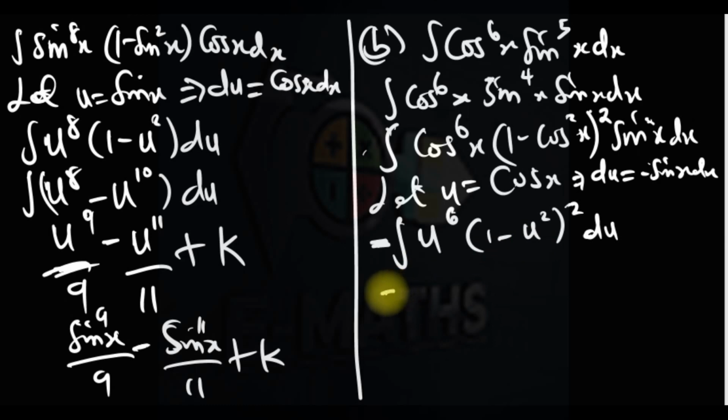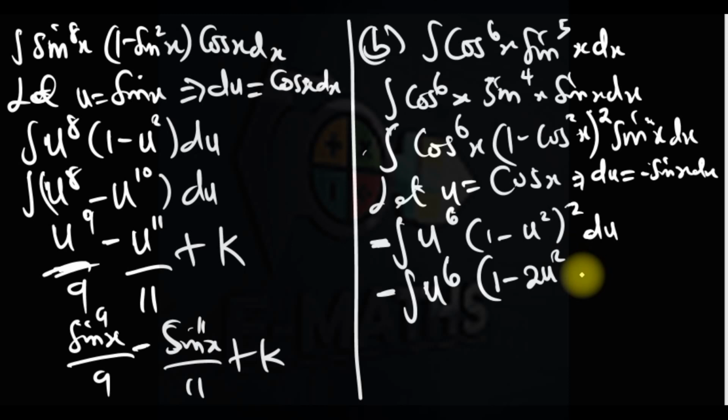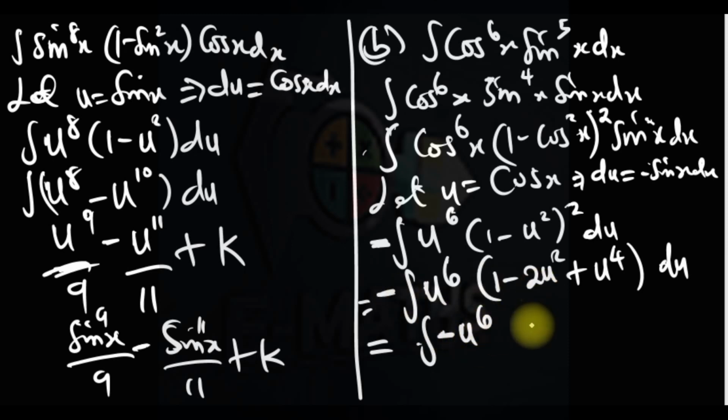So we'll still open up this integral of u raised to power 6. So you open up, this is 1 minus 2u squared plus u raised to power 4 du. So this is now equal to this times minus, that's minus u raised to power 6 times that. We'll have integral of minus u raised to power 6 plus 2u raised to power 8 minus u raised to power 10 du.